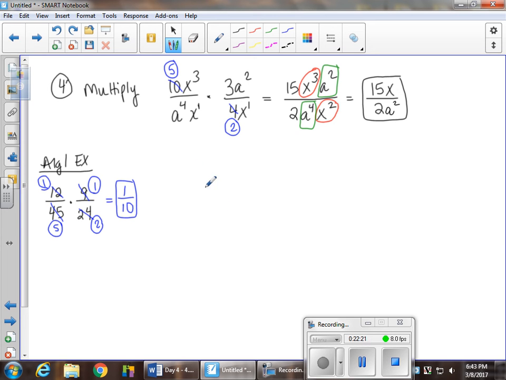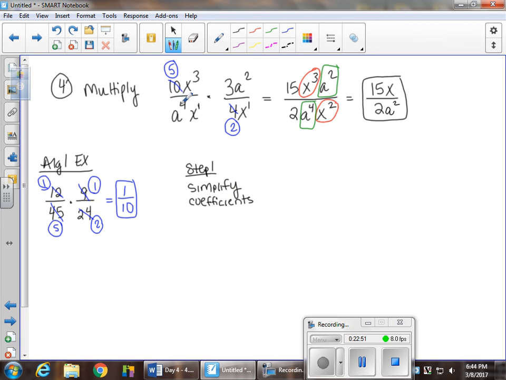Okay, if you are completely comfortable, go ahead and move on to number 5. If, however, it would be helpful to write some steps down here, let's pause for a moment and write down those steps. So, step 1, we simplified the coefficients, right?